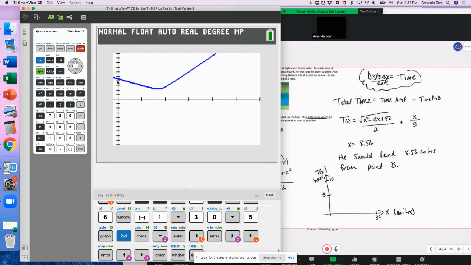So it looks like it's kind of going here, and I was counting by 5s for X. Okay, and our minimum was at about 9, so it was about here.